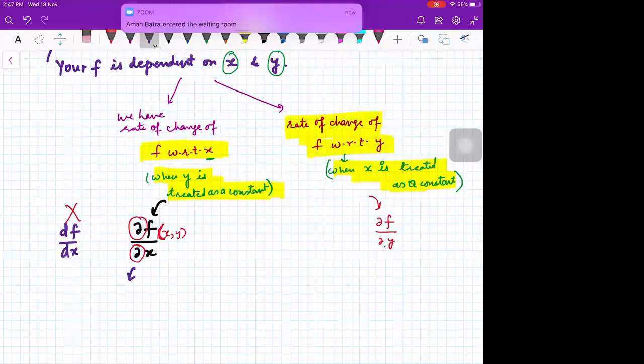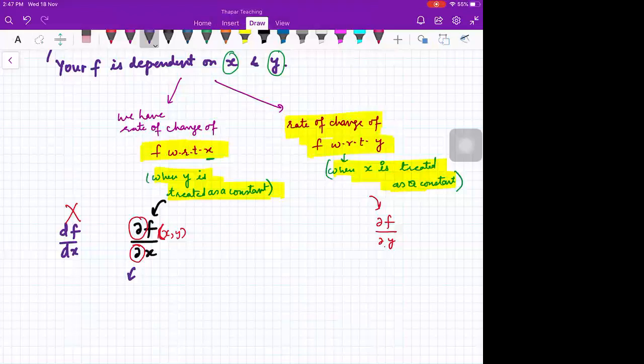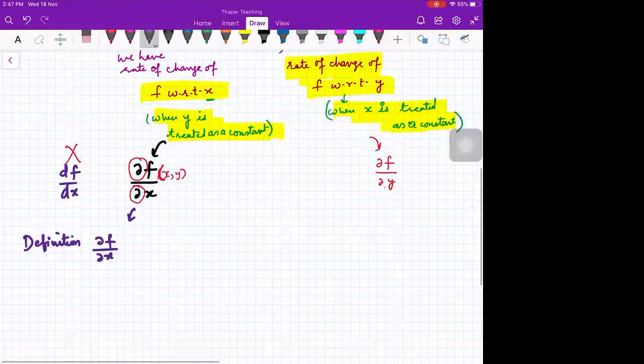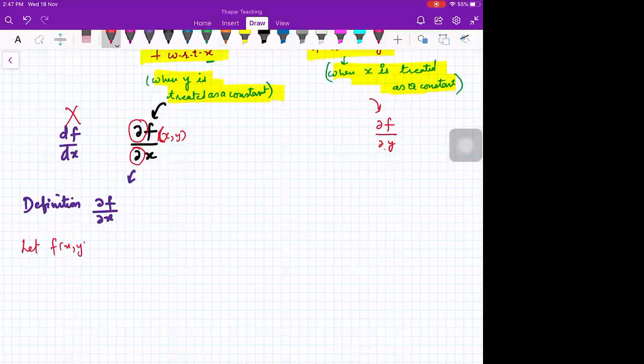Now you know that a derivative is defined at a point. So let me give the definition of curly f by curly x. Let f(x,y) be a function and (x naught, y naught) a point in its domain.